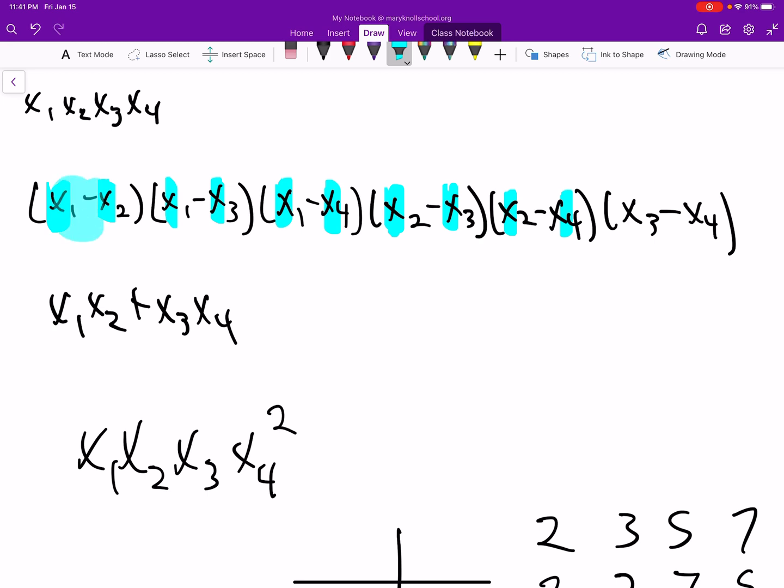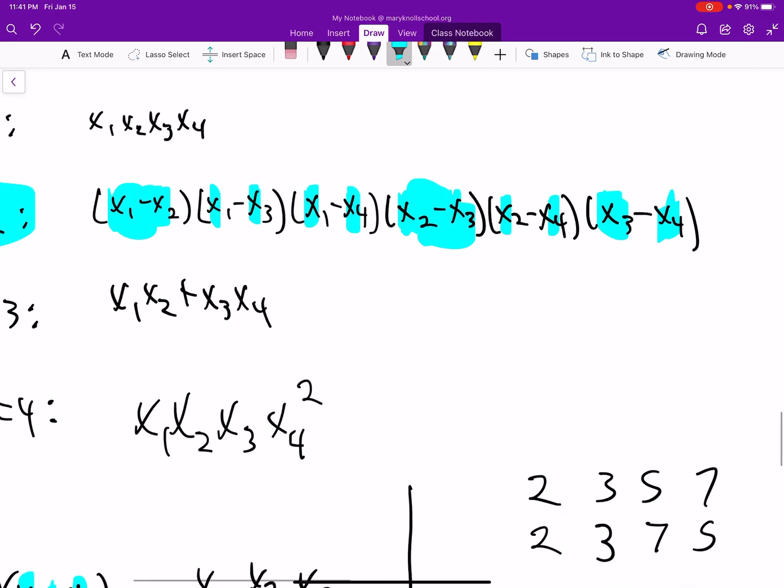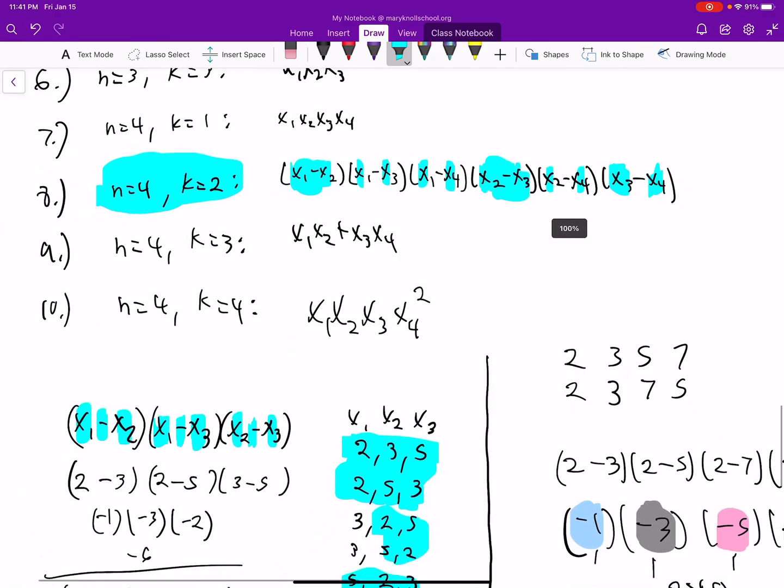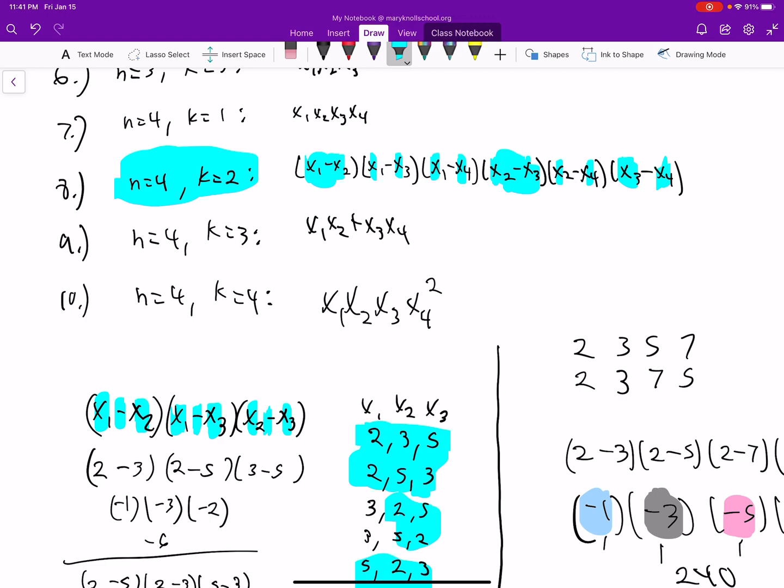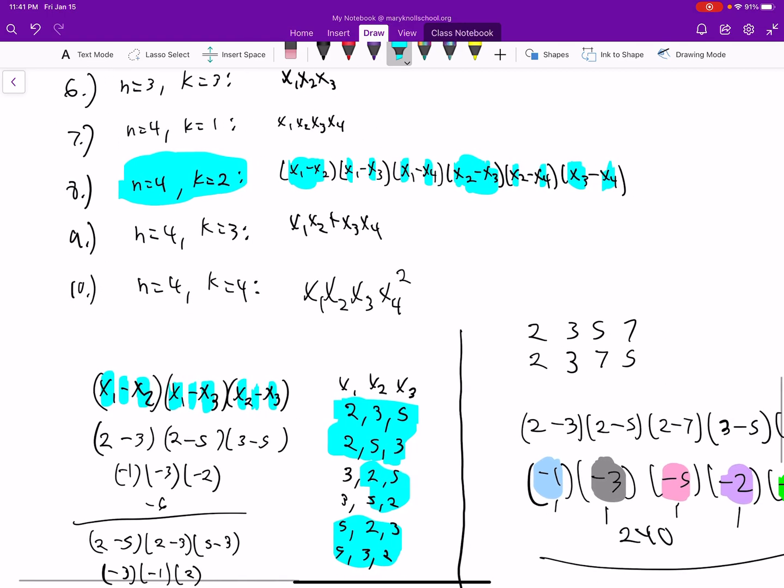Well, that's over here. And then x2, x4, okay, so we left off there. Then x3, all we're left with is the x4 right here. So you might be saying, well, what happened to x3 and x2? Well, that was over here. So everybody got subtracted from everybody, and we end up with two distinct variants.